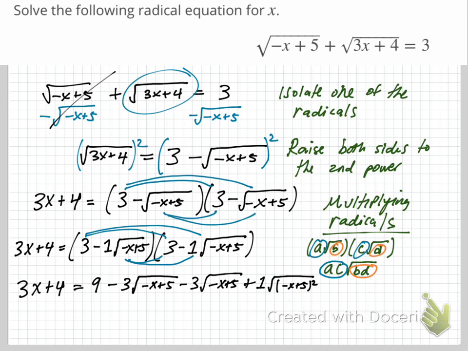Then I go ahead and I distribute the second expression. Again, the number outside, the -1, is going to multiply with the 3. That's where we got -3 here. And then we're going to multiply this one with this expression. So this is going to be the -1 times the -1 becomes a +1.